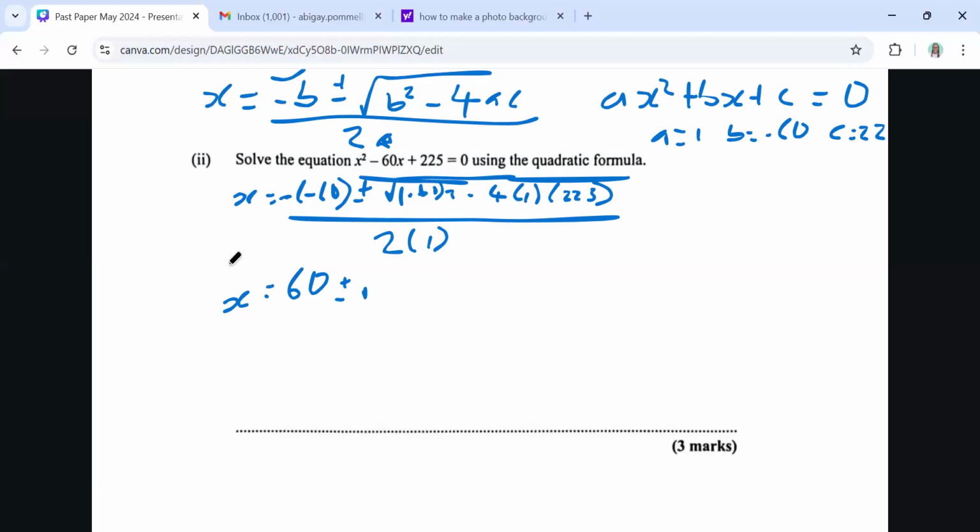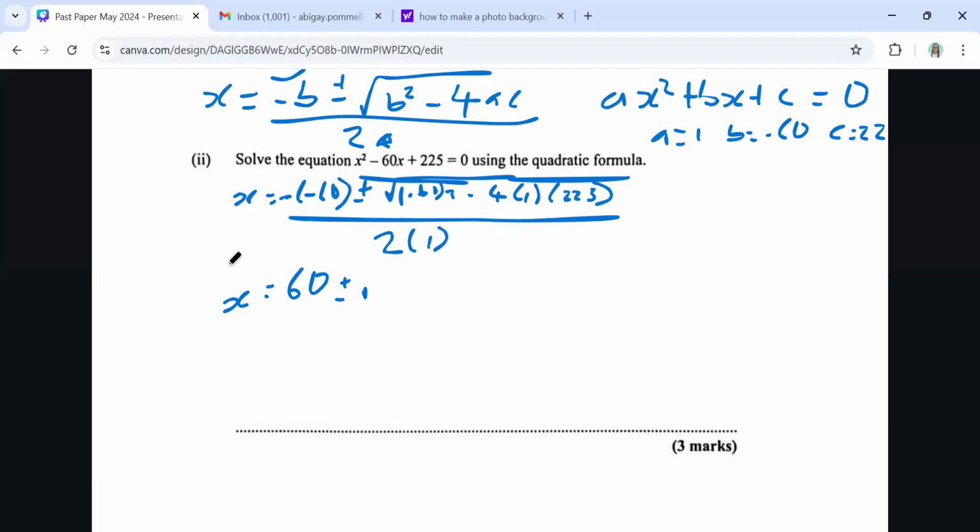In my calculator, I'm pressing square root, bracket, negative 60 squared, subtract 4 times 1. Well, you know that's a 4, so times 225, and then close it with a double bracket.